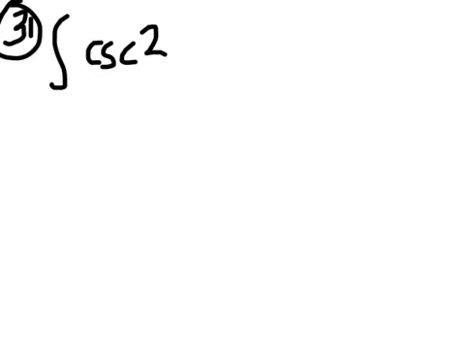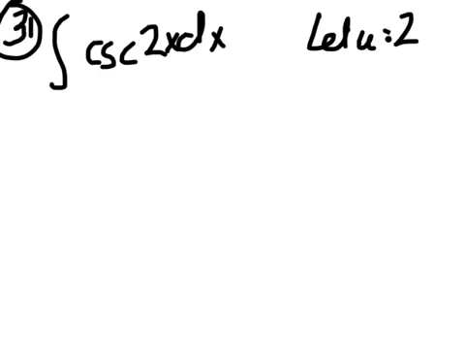Let's look at 31. Let's try to cram as many on here as I can. Cosecant 2x dx. What I'm going to do here is let u equal 2x. Then du would be 2 dx.